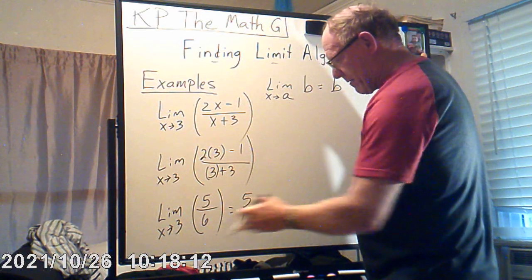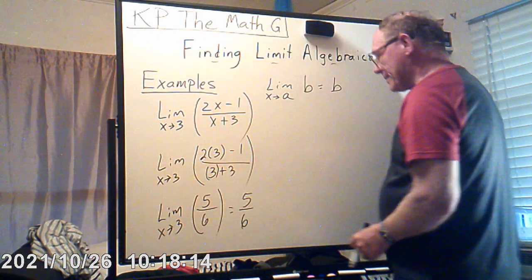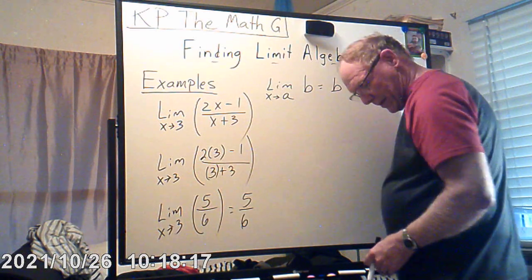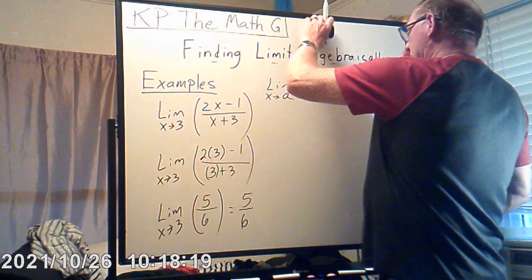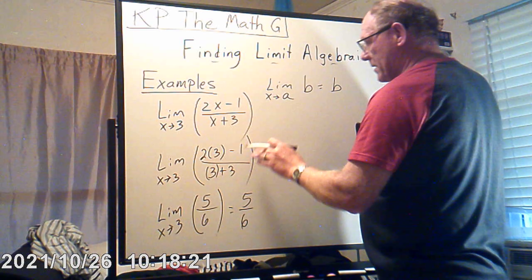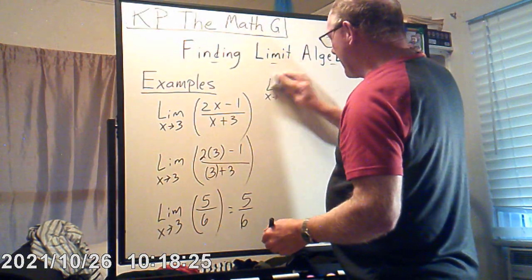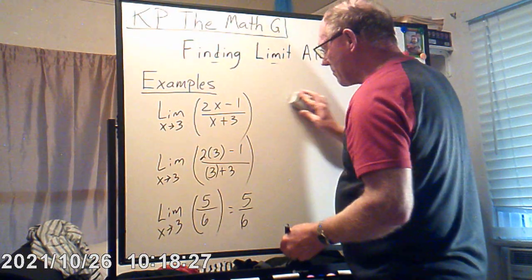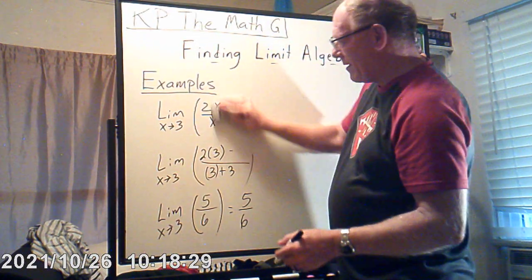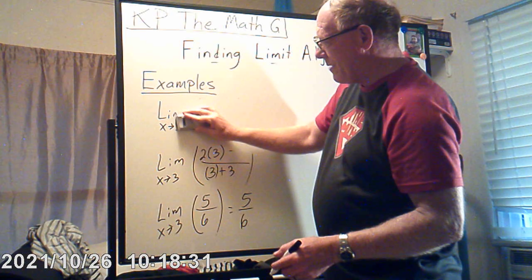And that's what we got here. So that's the limit there. Just simply plug it in. But we're going to find some that you can't plug in, and most of the time, like I said, you cannot. Sometimes the limit does not exist.